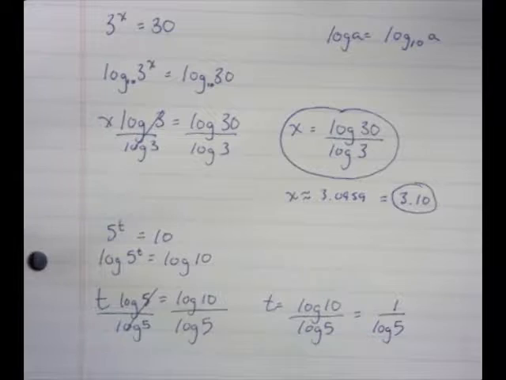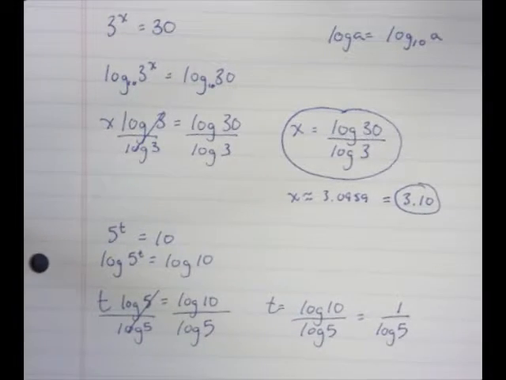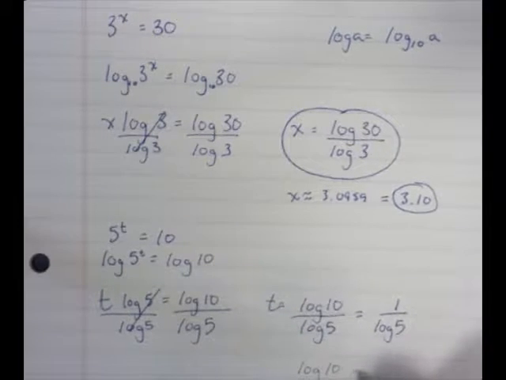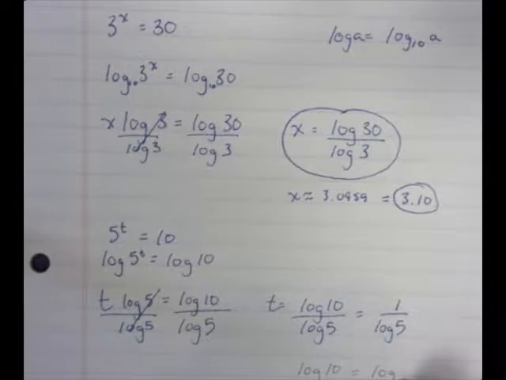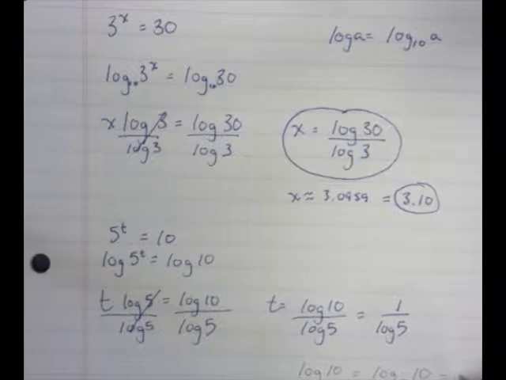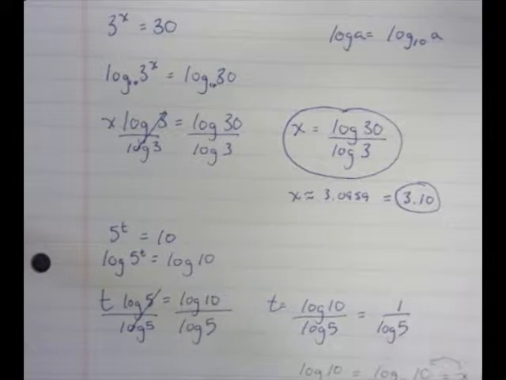And so why is that? Well, we have to understand that. What is log 10? Well, log 10 is really log 10 base 10. And if I was to evaluate this, I know that x equals 1 because 10 to the x equals 10.